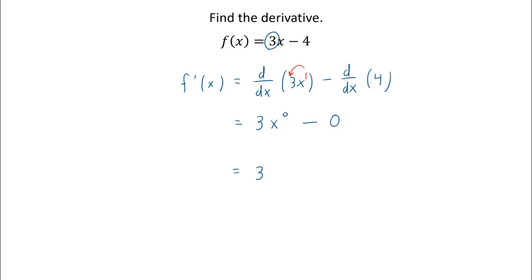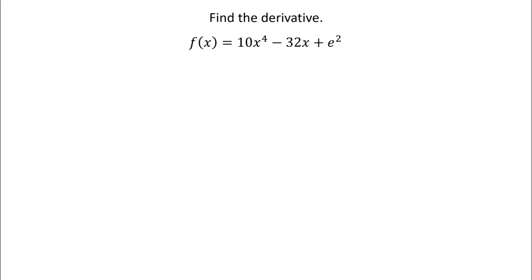So the slope of any linear function will always be the coefficient of the x term because the coefficient of the x term is the slope of the line. So finding the slope or finding the derivative of any linear function is really easy. It will always be equal to the slope of the line.